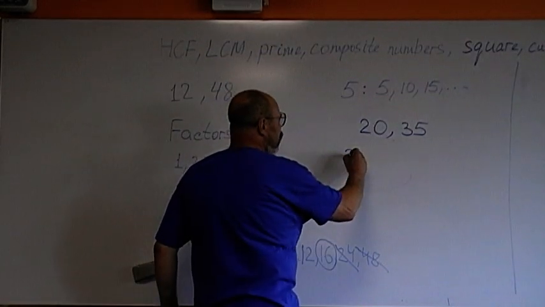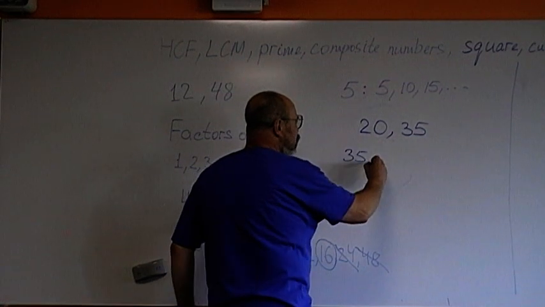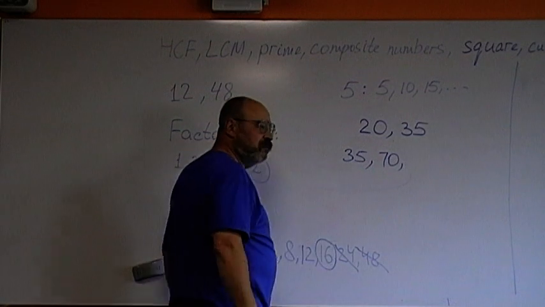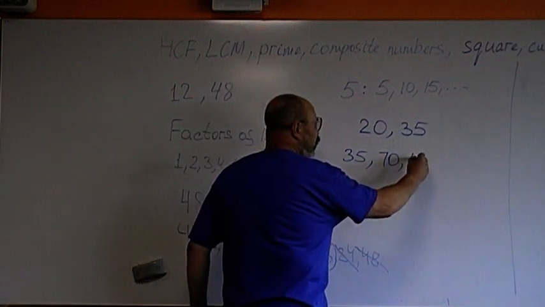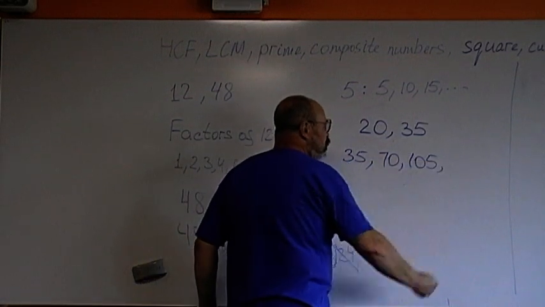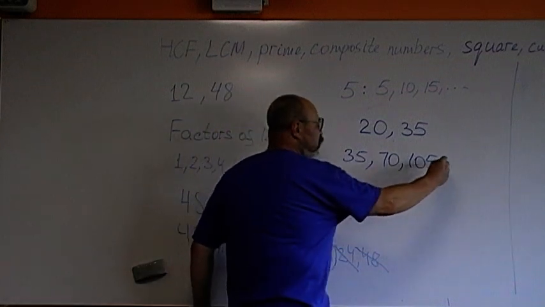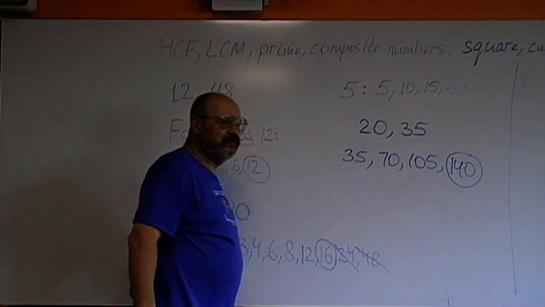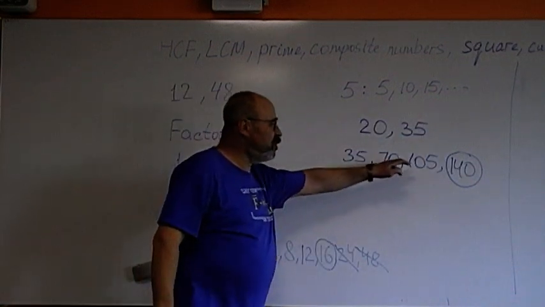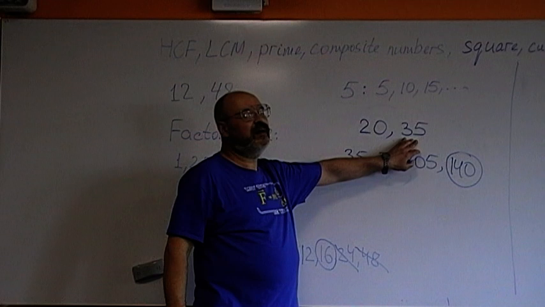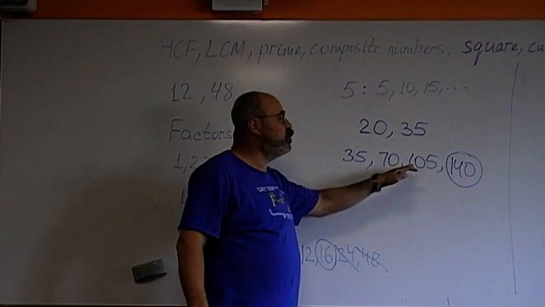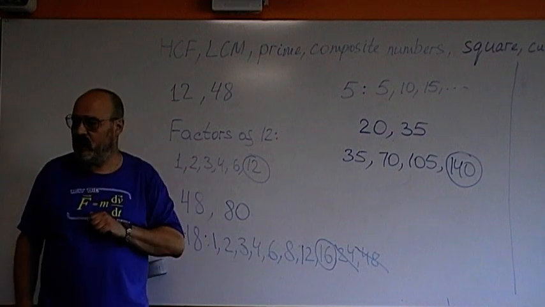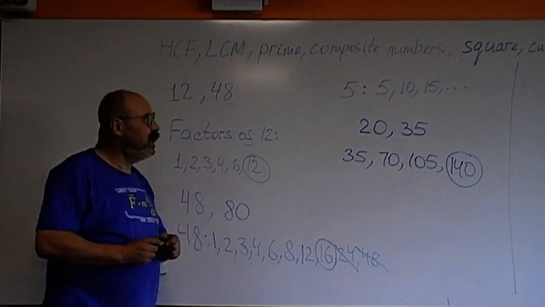So 35, not a multiple of 20; 70, not a multiple of 20; 105, no; 140, which is a multiple of 20. Done. We write multiples only of the higher number, and look which of them will also be a multiple of the smaller number. Make sense?